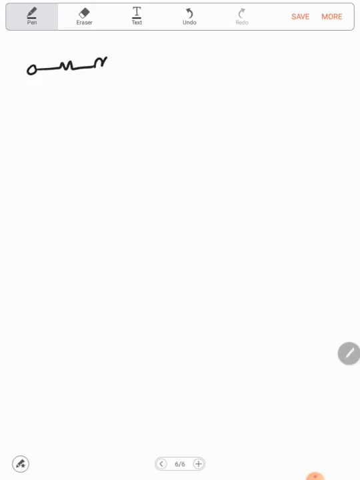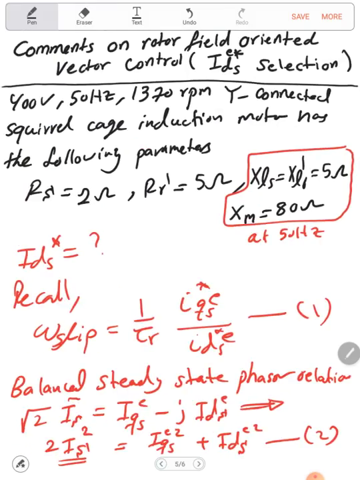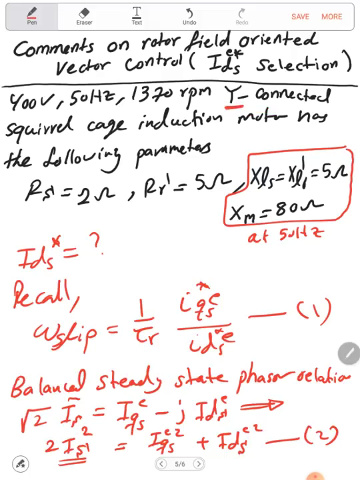This is the RS, XLS, XM, XLR dash, and here we have the RR dash over S. And this is the VS, which equals 400 over square root of 3, because we have a Y connected squirrel cage induction machine.